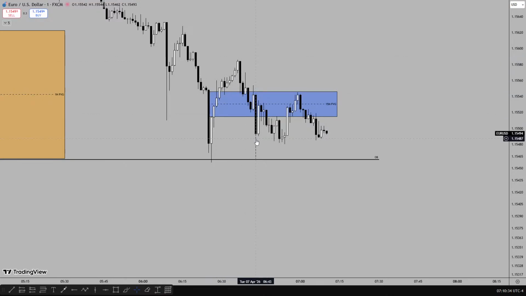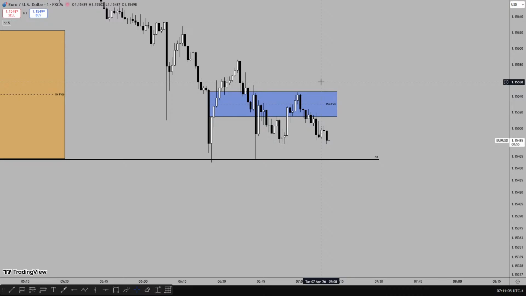Price traded through it and most likely will be looking for a good run on the liquidity, like a run on the swing low before the opening price of the New York session before actually looking for a buy. But if there's going to be an impulsive move in price trading higher, going above the inversion fair value gap, then that might lead to a catalyst of anticipating a continuation in price trading higher.